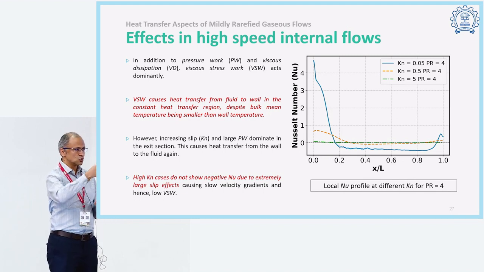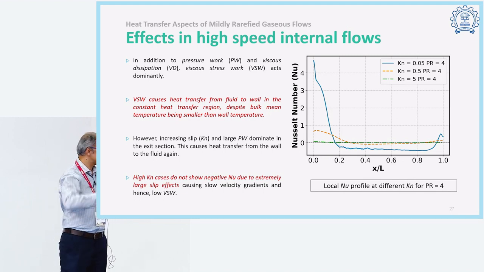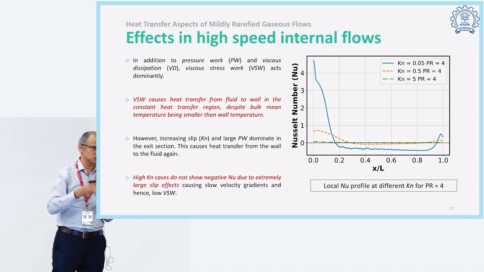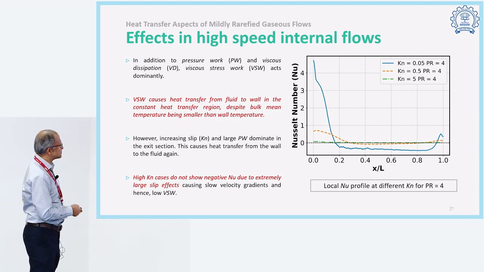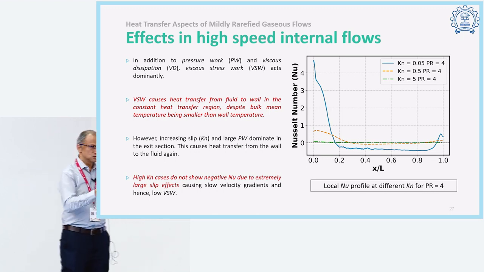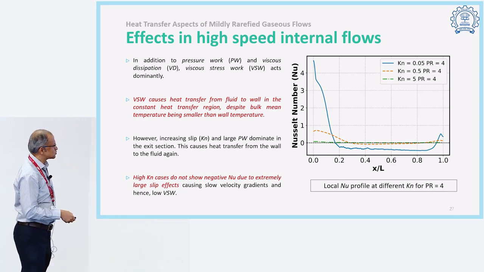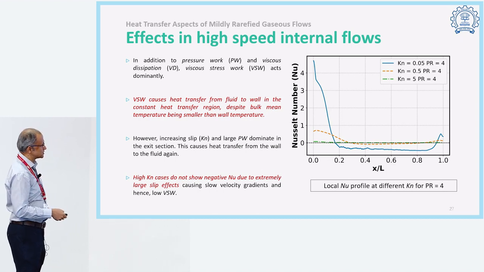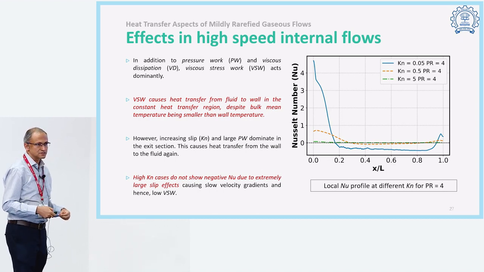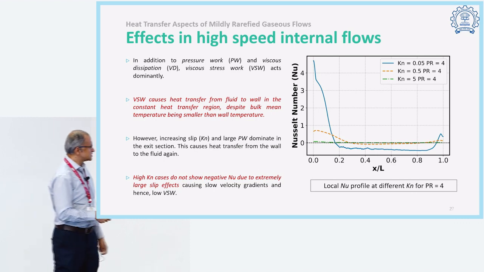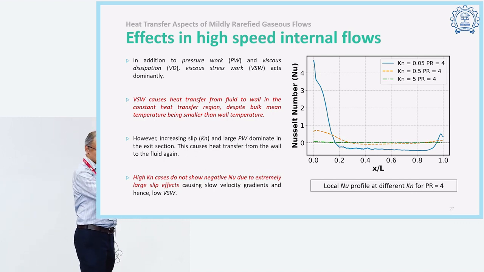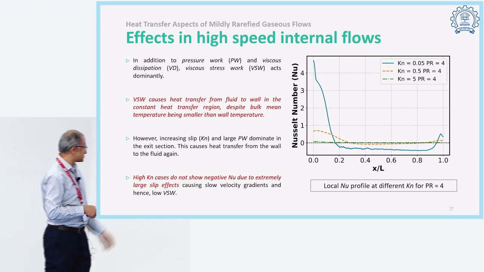It is only the local temperature gradient at the wall that changes sign, primarily because of the viscous shear work at the wall. So that means the heat flux there has reversed its sign, but the bulk temperature difference has not changed its sign. And that's what leads to a negative value of the Nusselt number. And of course, towards the end, there is an expansion which leads to the drop in temperature and the heat transfer again picking up.